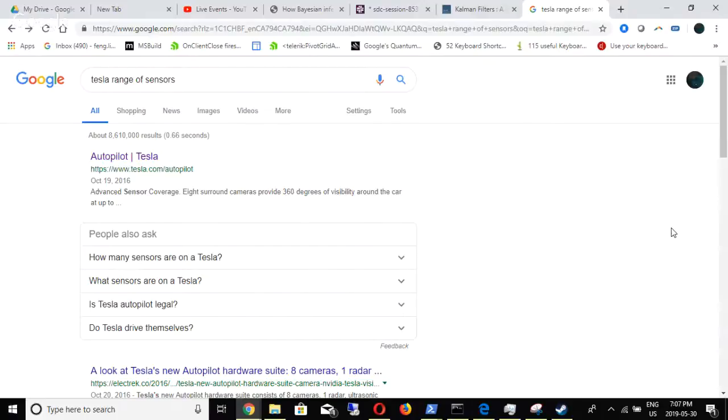And what else can it do? It's not prone to things like rain, fog, and dust. But yeah, that sums up sensors.